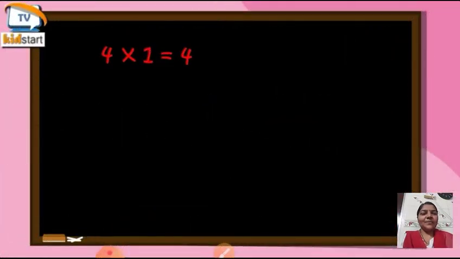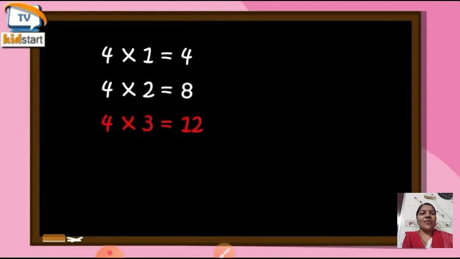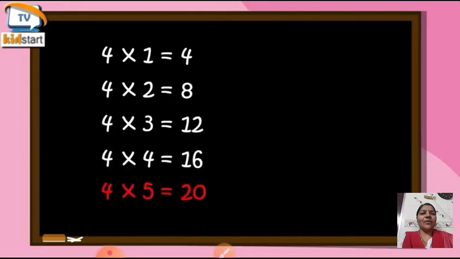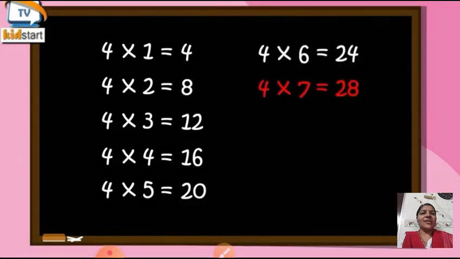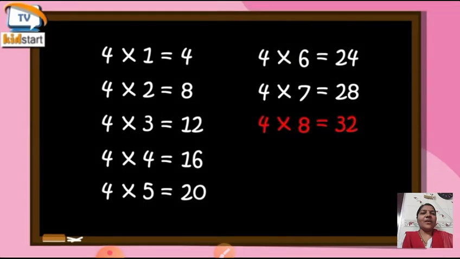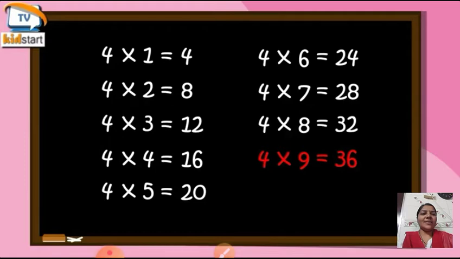You have to write table of 4. 4 ones are 4. 4 twos are 8. 4 threes are 12. 4 fours are 16. 4 fives are 20. 4 sixes are 24. 4 sevens are 28. 4 eights are 32. 4 nines are 36. 4 tens are 40.